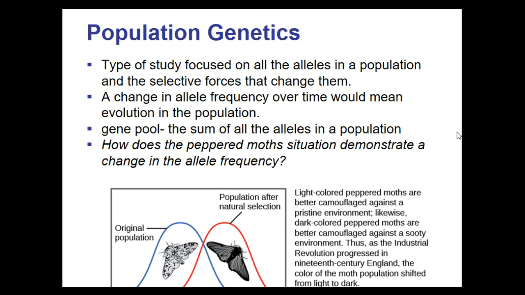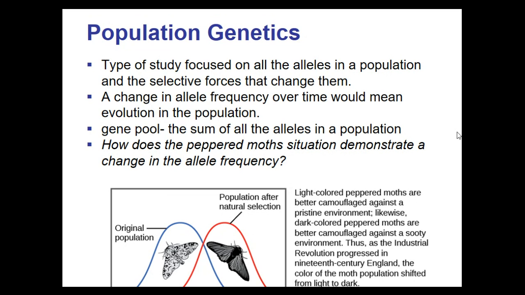The black ones are getting eaten more than the gray ones. The gray ones blend in; they're camouflaged on a gray tree trunk. But then the Industrial Revolution caused a lot of air pollution from factories, and the tree trunks turned black, and the black version had the advantage. Birds wouldn't see them, they would blend in better. But the gray ones are now more visible on a black tree trunk. They got eaten more.